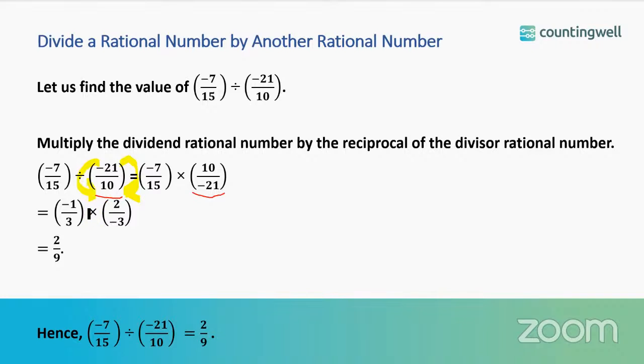For multiplication, we are going to follow the same rule. Multiply the numerator of the first rational number to the numerator of the second rational number, then the denominator of the first rational number to the denominator of the second rational number. So in this way, you will get the division of a rational number by another rational number.